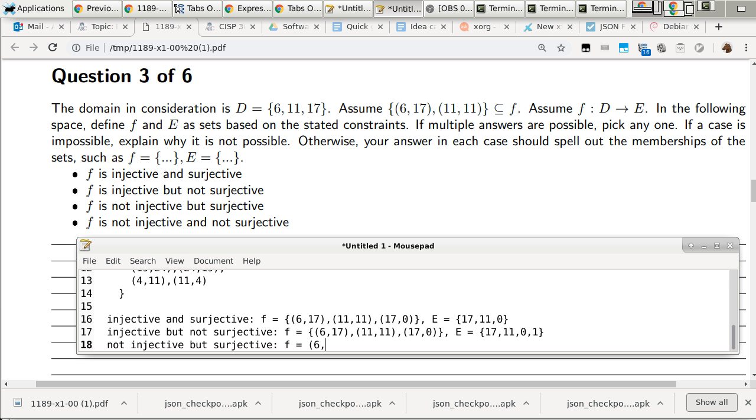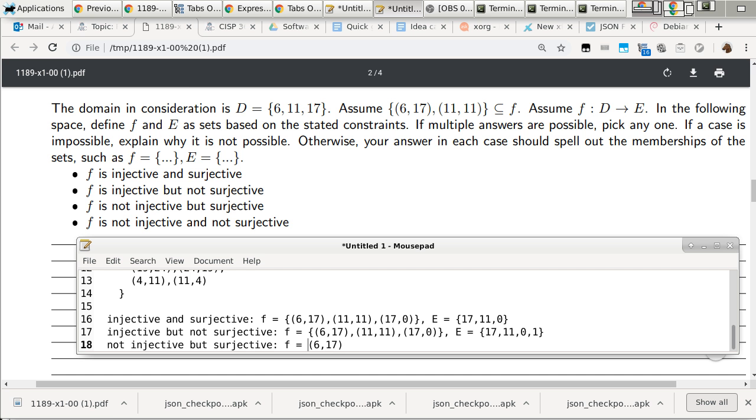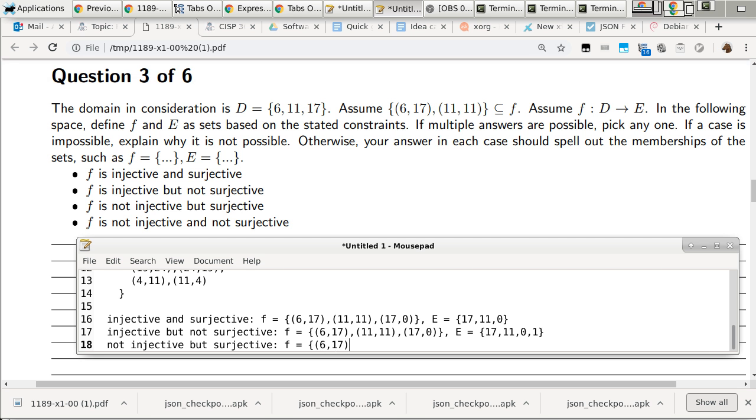So now 6, 17 has to be there because this makes f meet this requirement. Okay, because we have to have those two in f, so we cannot change that part. But then you can say, we'll map 17 to 17 or 11. So either way works, doesn't matter which one there.